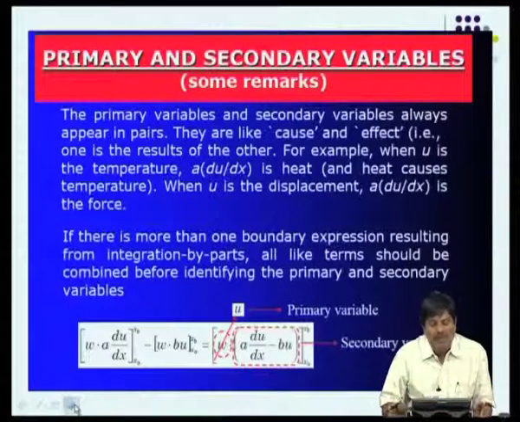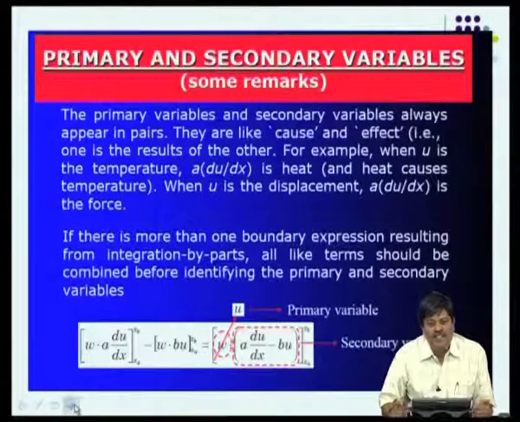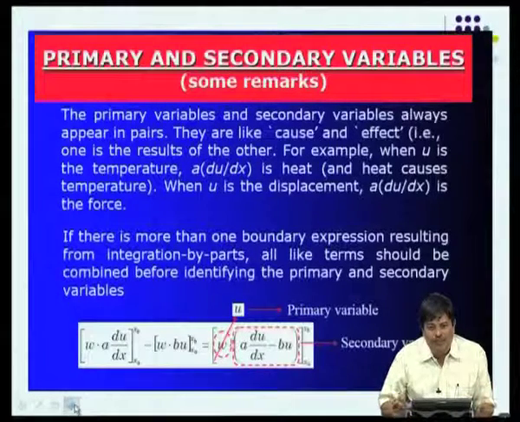So, the primary variables and secondary variables always appear in pairs. They are like cause and effect, that is, one is a result of the other. For example, u is the result, a deformation, which is caused by A du by dx, which can be a heat or a force.